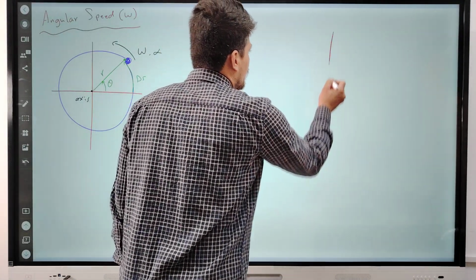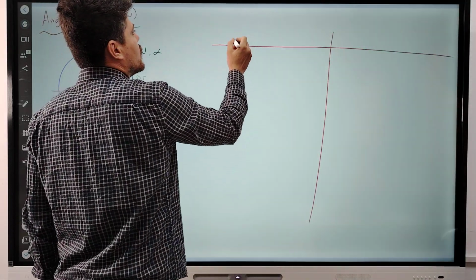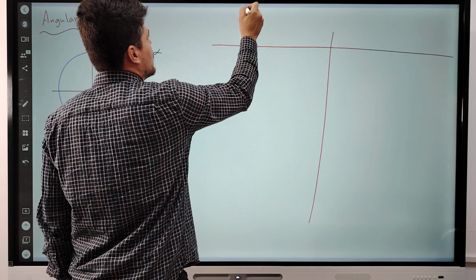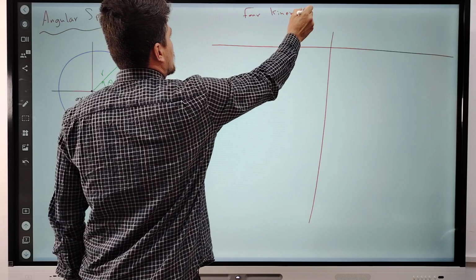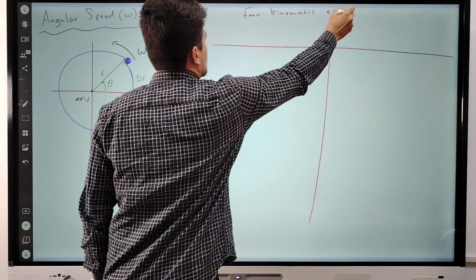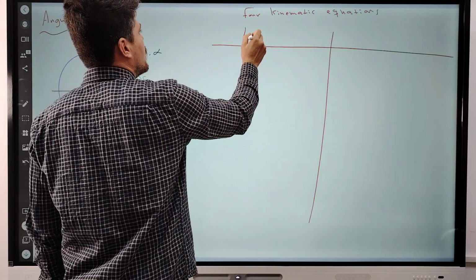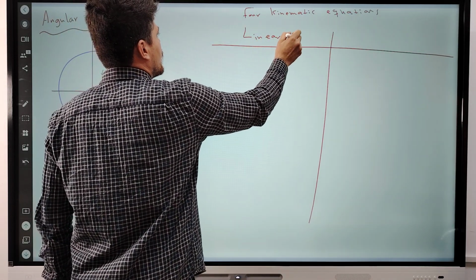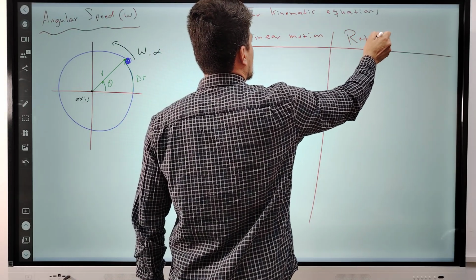So the four kinematic equations for linear motion and rotational motion.